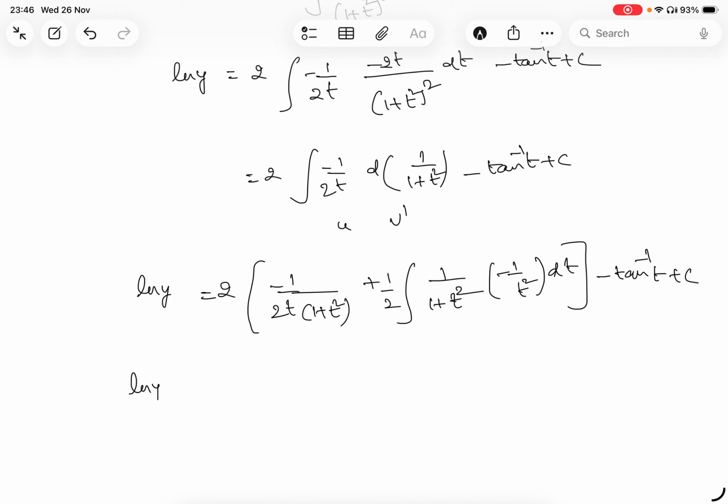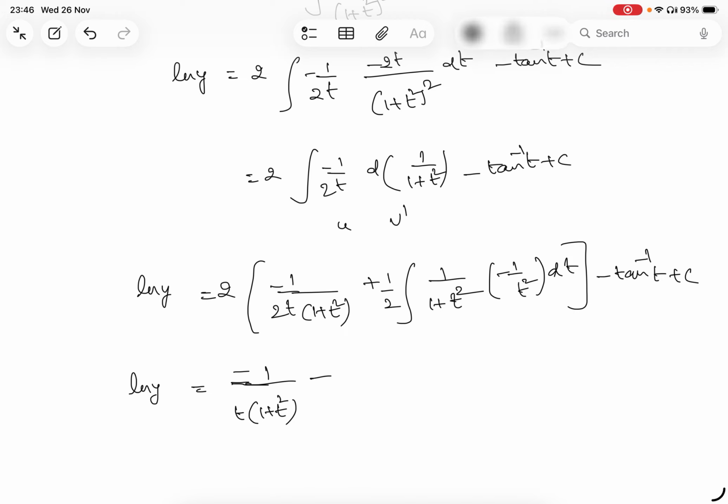Fine. Then ln y is, if you multiply 2 with the first term, then this becomes minus 1 by t into 1 plus t square. If you're getting confused, just write minus 1 by t into 1 plus t square. The 2 will get cancelled, right?